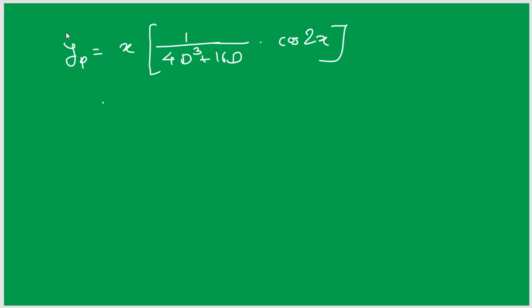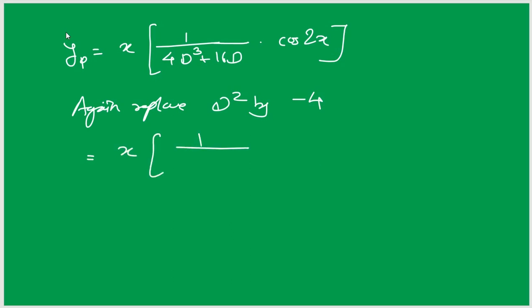Now again replace D² by -4. So we get x times 1 upon, now 4 into -4 cube, so this is -64 + 64, cos of 2x.